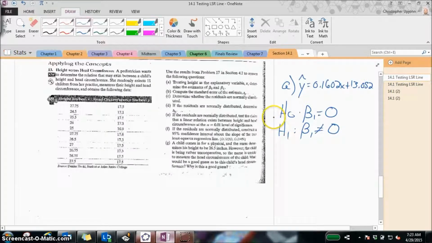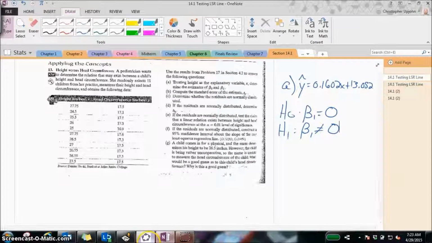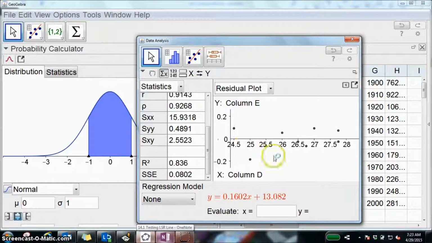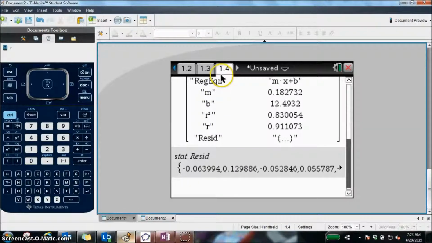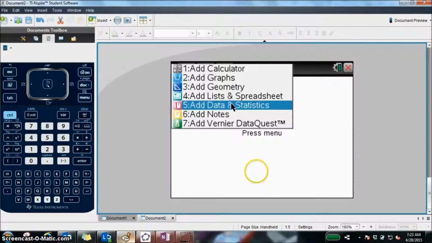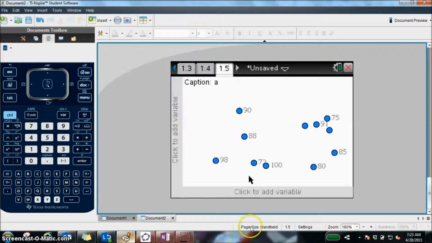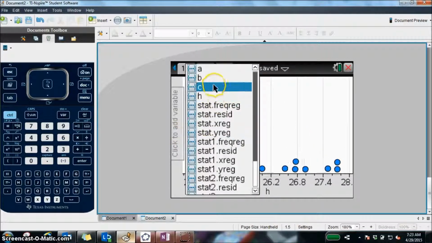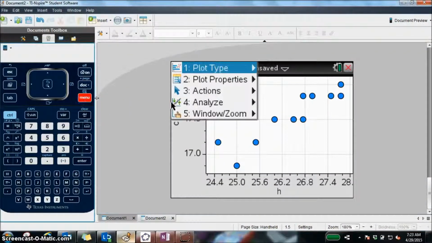And now we have to check if they're normally distributed. So going back here, from the standard plot to the residual plot, there's not really a pattern. It looks pretty normal. And if we go to hidden statistics, we have H, C, and of course we do our normal probability plot. It's not going to work here for whatever reason.